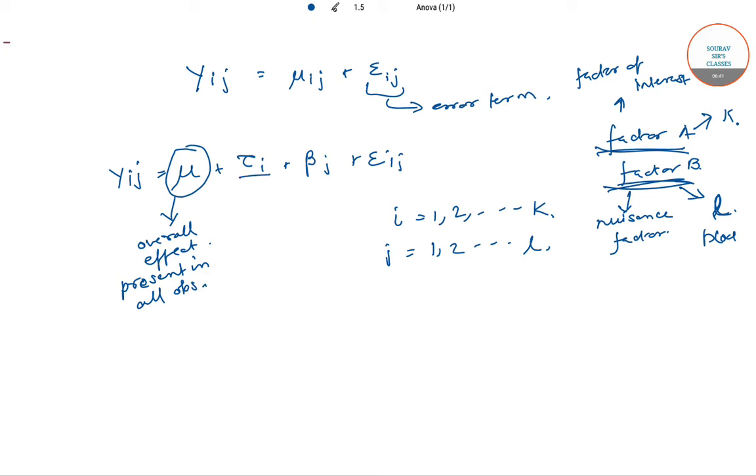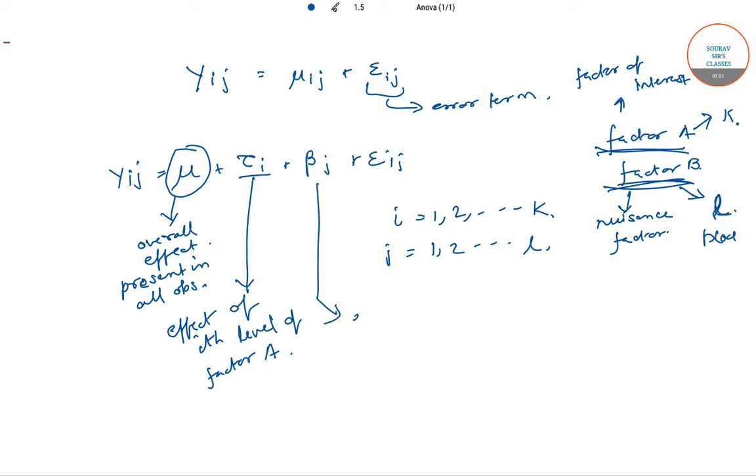This tau i is the effect of the ith level of factor A, and this beta j is the effect of the jth level of factor B, that is our nuisance factor. And this epsilon ij, as I said, is the error term or random error.